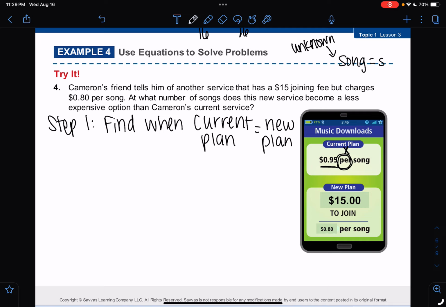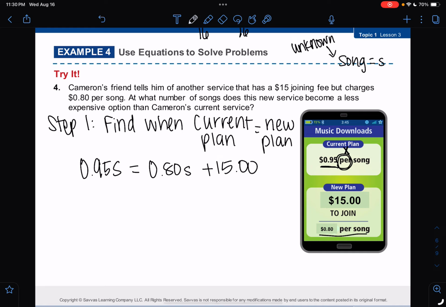Okay, so his current plan is 95 cents per song. This new plan is 80 cents per song, but it's also got $15 to join. So he's also, which is plus, got to pay that $15 to join.